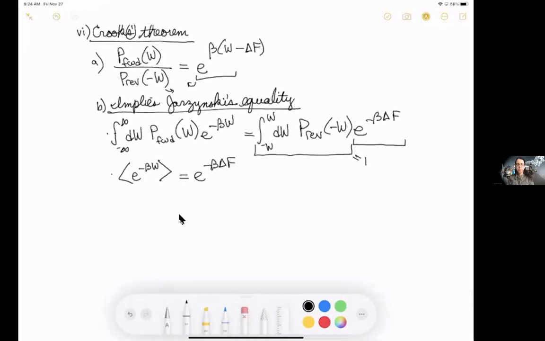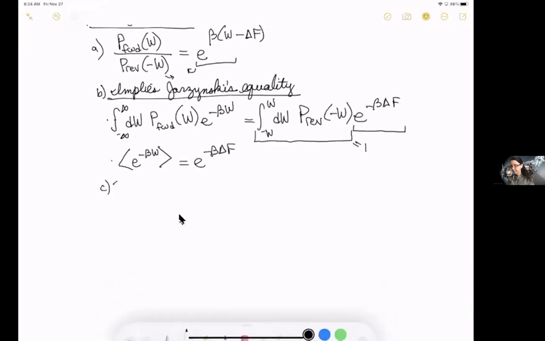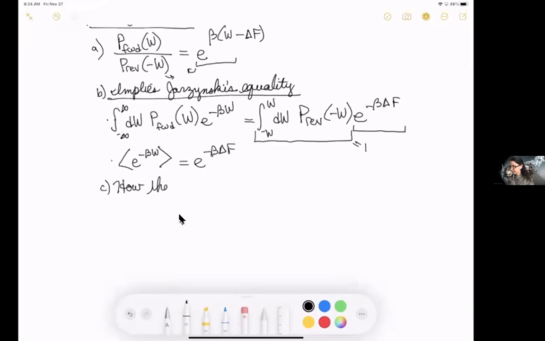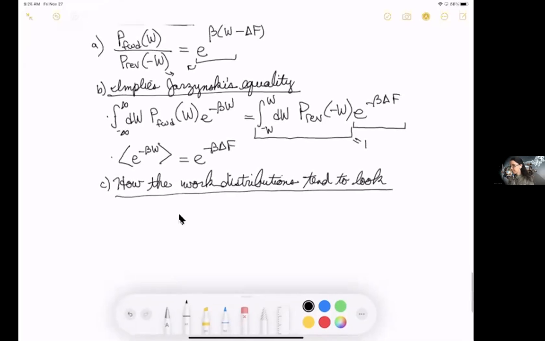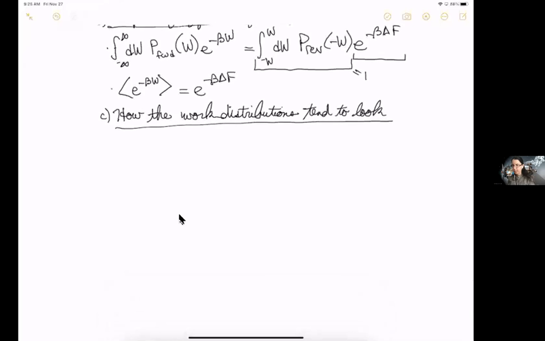How do these probability densities tend to look? Now I'll draw the distributions that I actually got from numerical simulations in a paper I wrote with Chris Jarzynski. I actually don't have the identifying information here, but here's some of it.